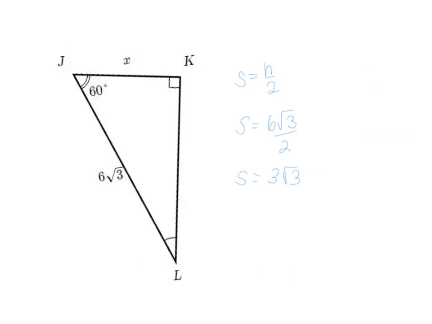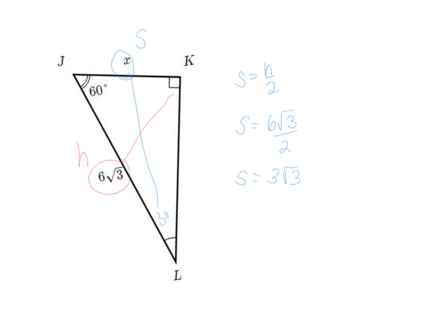Looking at our last problem here, go ahead and pause and take a second to write that down. What we see is that we are given a 30-60-90. If we look at our sides here, we are given the hypotenuse, and we are asked to find the short side.